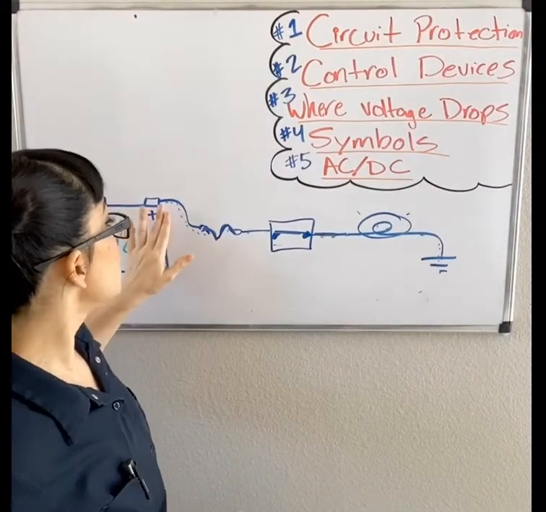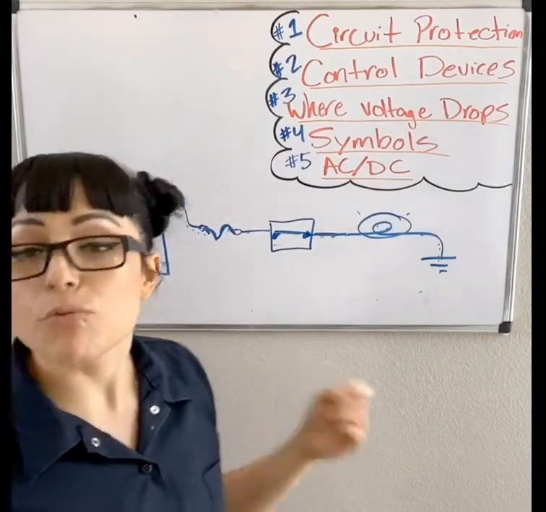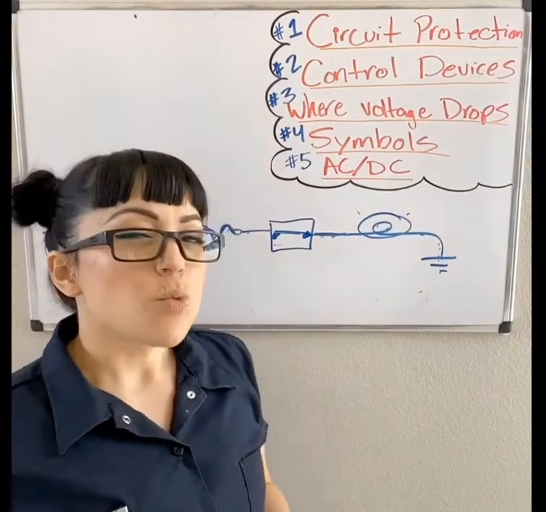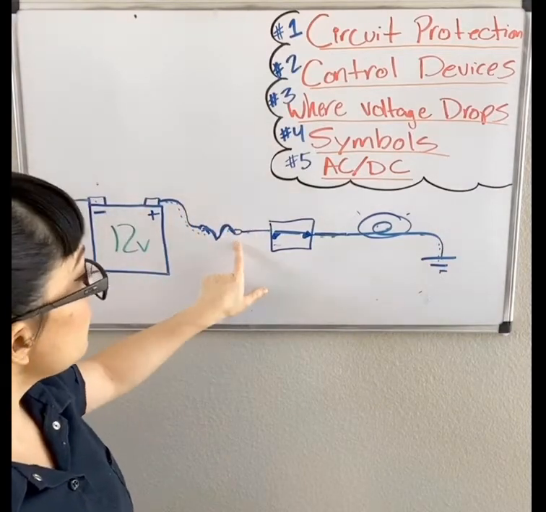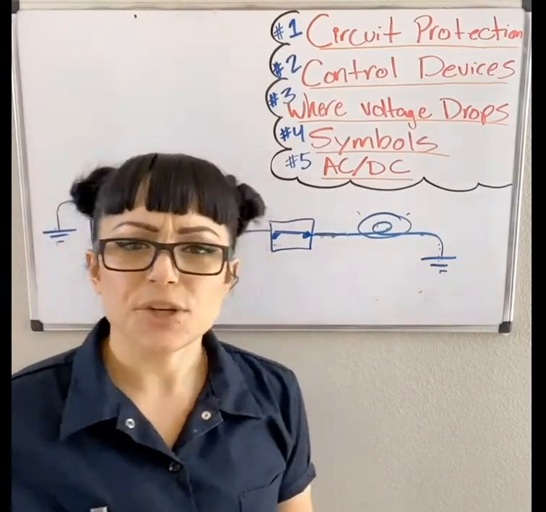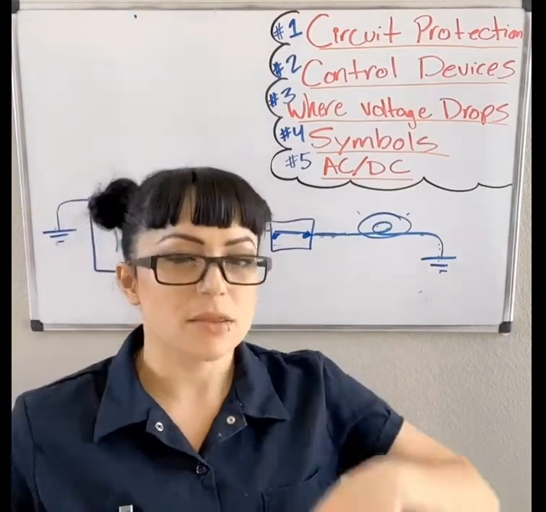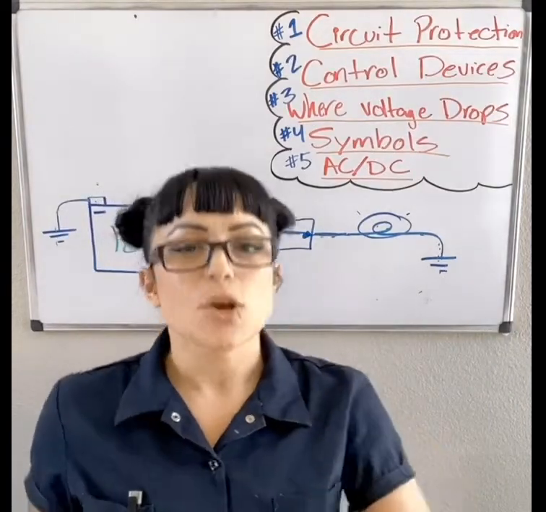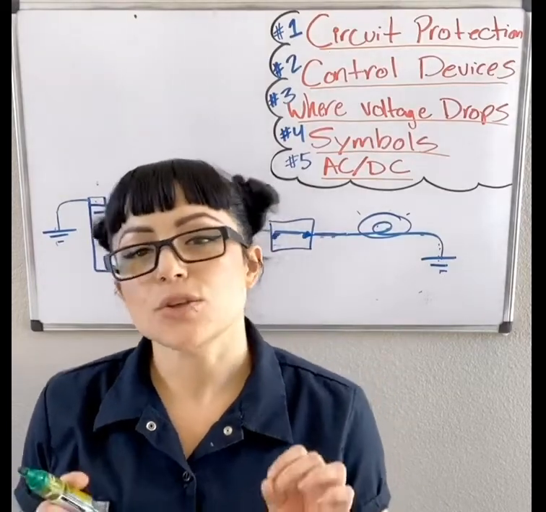As this voltage passes through conductors or wires, these wires and all these connections to the fuse, out of the fuse, connecting to the switch, all these connections and little bits of wire, they're not loads. They don't do anything. They don't produce light or heat or movement, and so they don't really use up voltage.